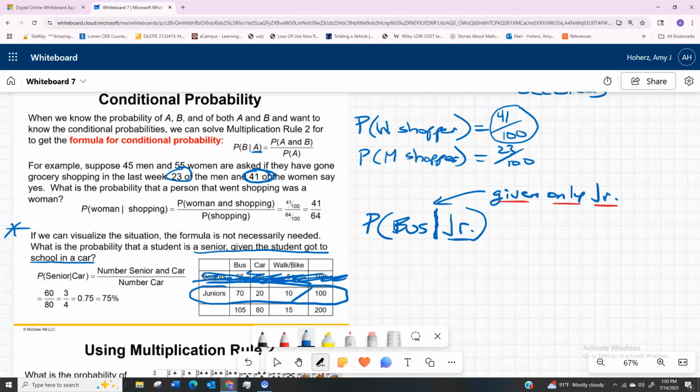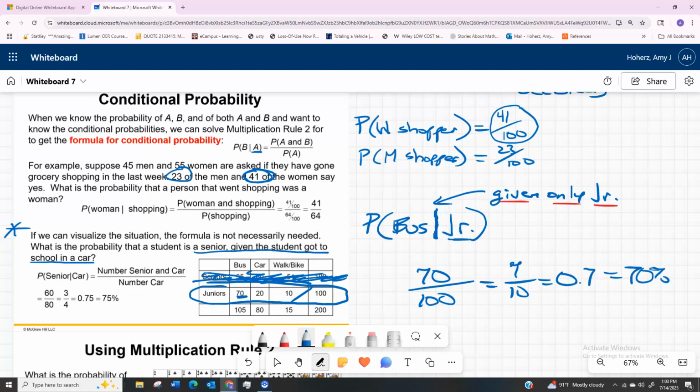And out of the juniors, we're looking at the probability that they're a bus rider. So out of the juniors, which is 100, 70 of those rode the bus. So 70 out of 100, or 7/10, or 0.7, or 70%.